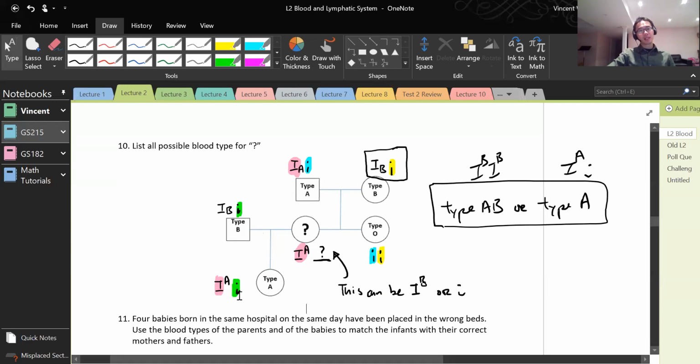The second thing is that the father being type B is either going to be IB IB or IB small i. He could not have been IB IB, because then he would have passed on the IB to the daughter, making her blood type AB. The fact that her blood type is A tells us the father has to be IB small i.